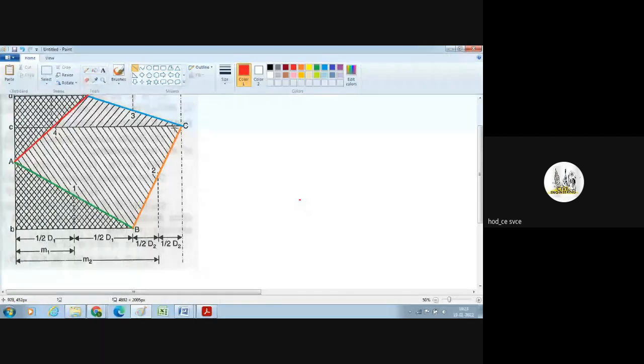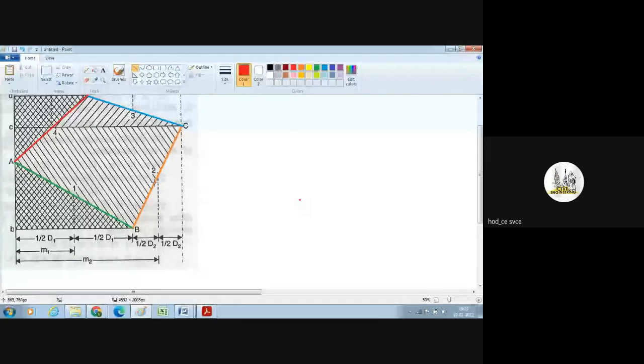Okay, the same thing for BC also. For BC, up to the point of C, the distance is D2, from B to C. See here, from A to B I have taken the horizontal distance as D1. From B to C also the horizontal distance is D2.